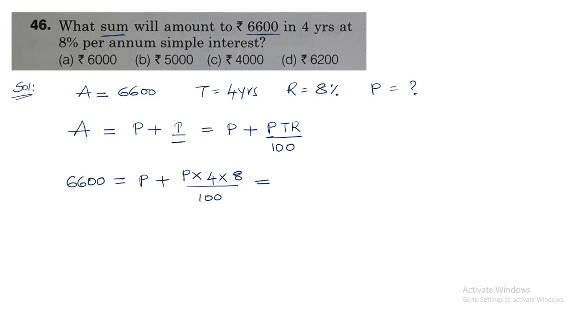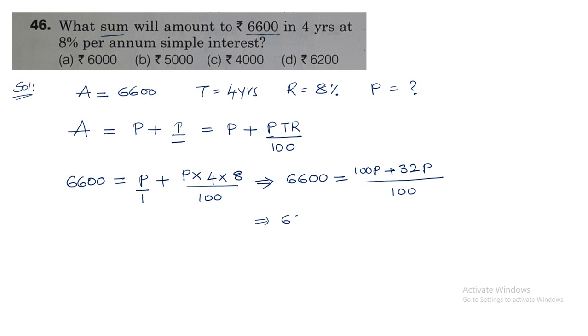Okay, now simplifying this, if there is nothing, then 1 is in the denominator. So this 6600 I can write as equal to, on the right hand side I am going to take the LCM, so LCM is 100. Then directly I can multiply, so this becomes 100p plus 8 4s 32, so this becomes 32p.